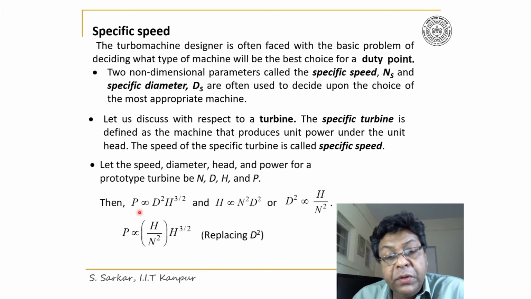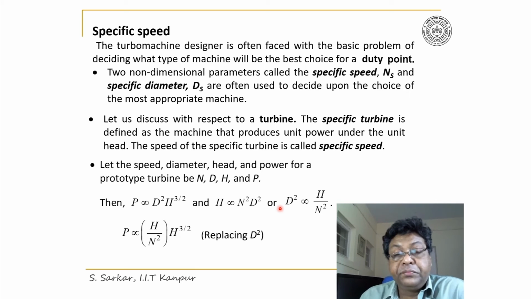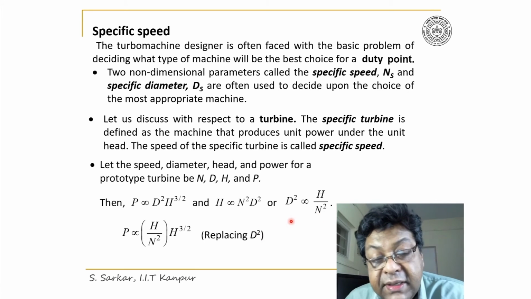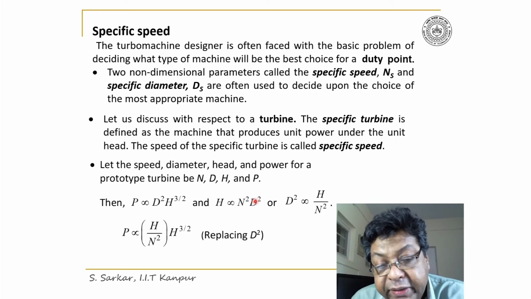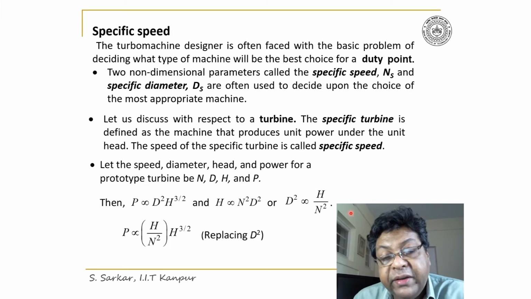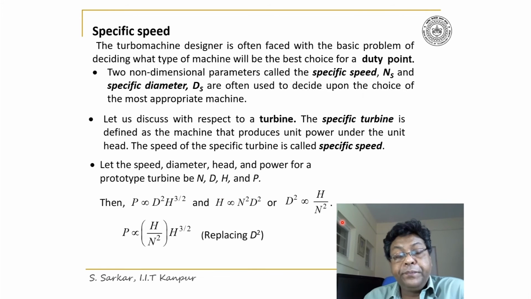So we know P is proportional to D squared H to the power 3/2, and H is proportional to N squared D squared. Thus, from this relation, I can write D squared proportional to H by N squared.